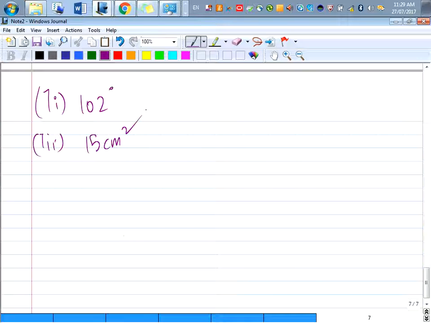Excellent, for those who have tried. Eight A, showing question. Need help? Okay, part B, also showing. Anybody needs help? No.